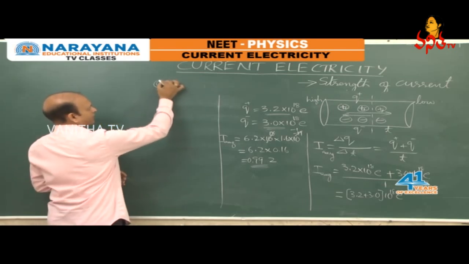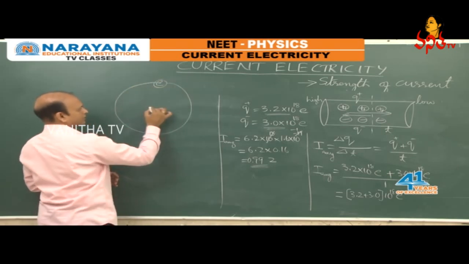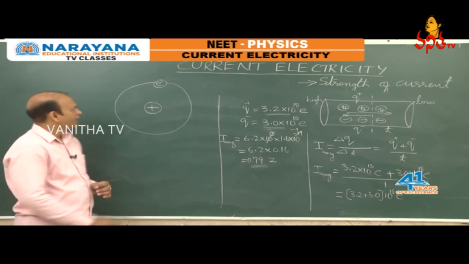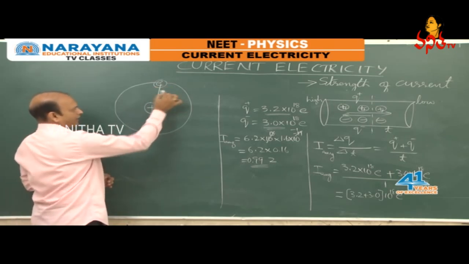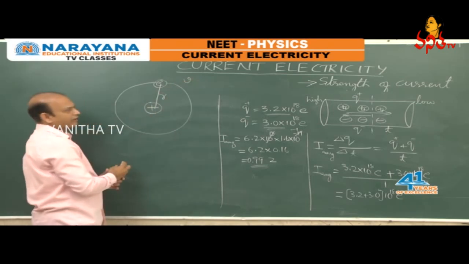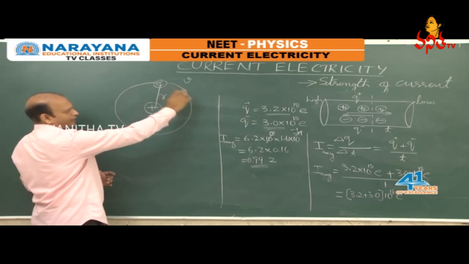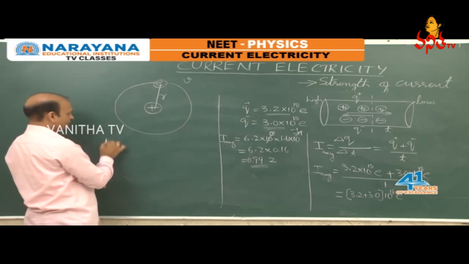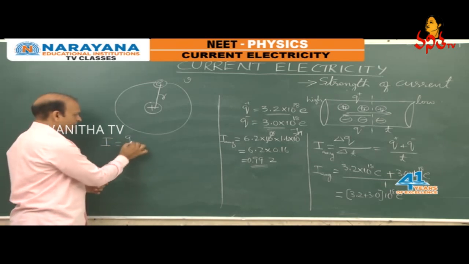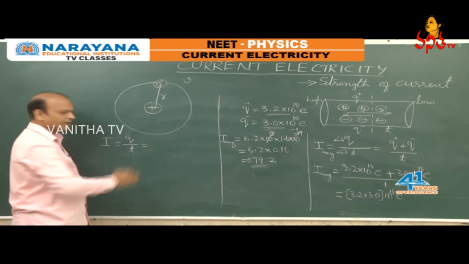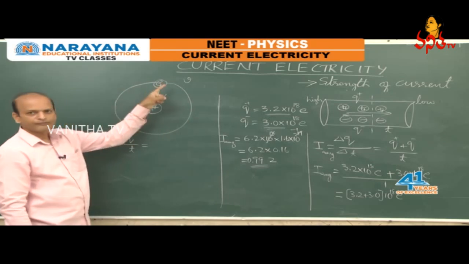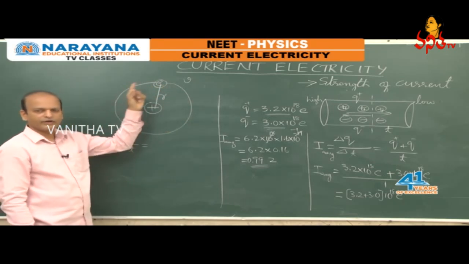Say this is an electron revolving around the nucleus in an atom, with a radius of r, and the electron is revolving at speed v. Here, when the electron is revolving, we have to find out the current formed by it. The basic formula for current is the net amount of charge by the total time taken. Let us observe for one revolution, or you can calculate for any number of revolutions.